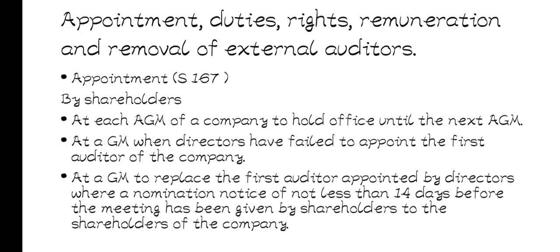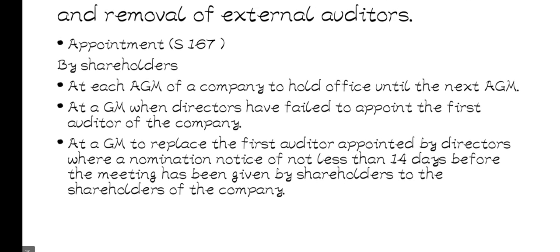The three we have: the shareholders, then the directors, or the registrar of companies. Yes, so we shall start with the shareholders. When do shareholders appoint an external auditor? They appoint an external auditor at each annual general meeting of a company to hold office until the next annual general meeting.